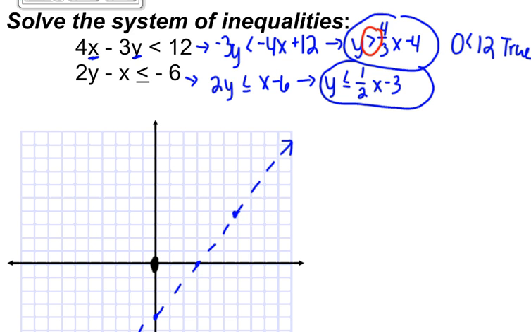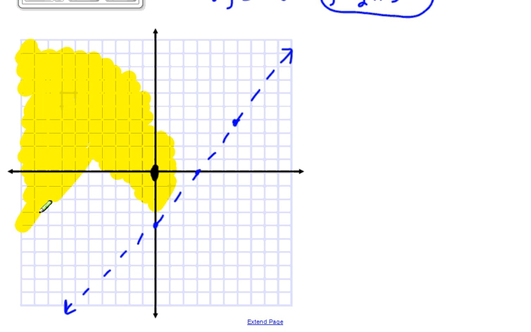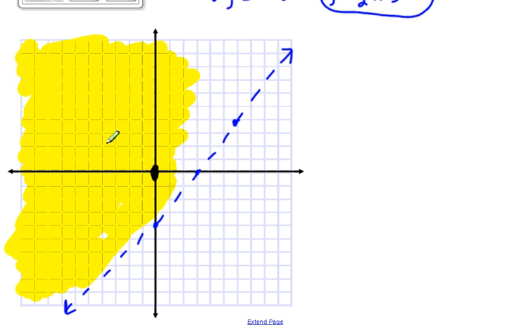Because I have a true statement that 0 is less than 12, I want to shade in the side of my line that contains the ordered pair 0, 0. So that's going to be everything on this upper portion of my blue dashed line. I am coloring in yellow since I had a true statement.